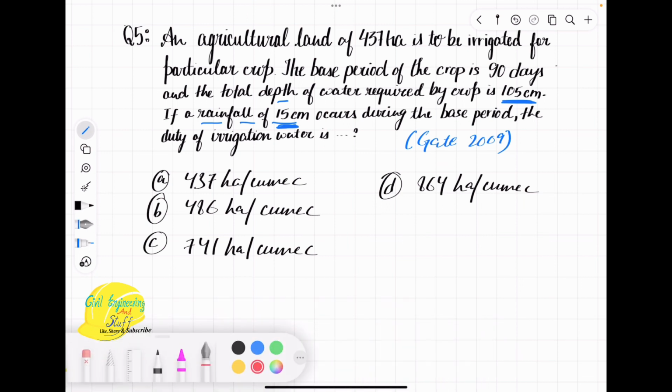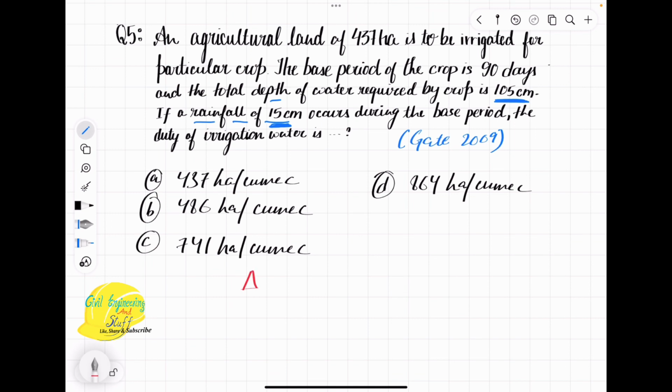In this scenario, delta equals 8.64 B by D. Delta given to us is 105, and please mind the units, 105 into 10 to the power minus 2.